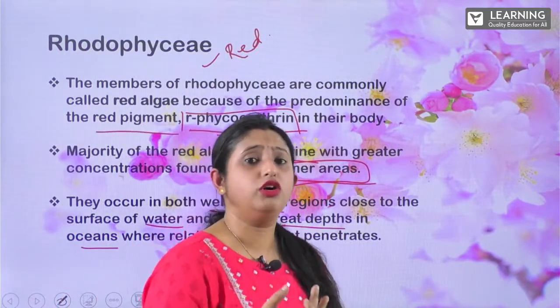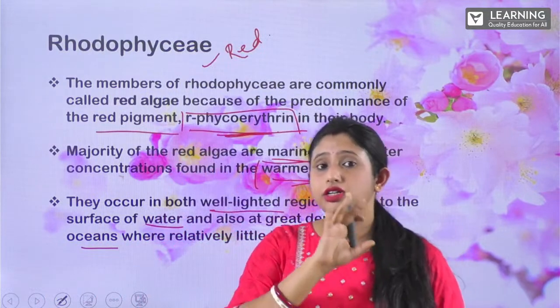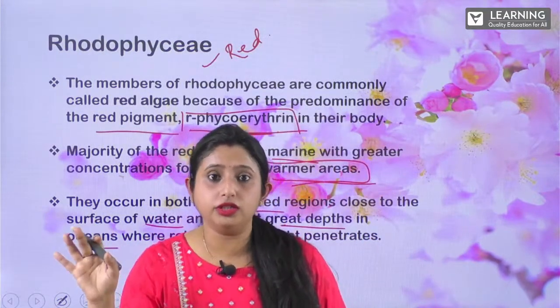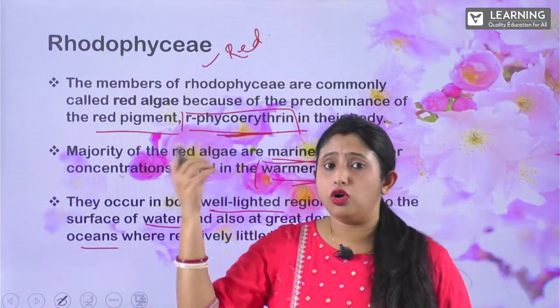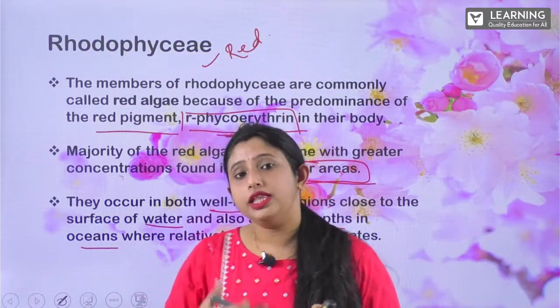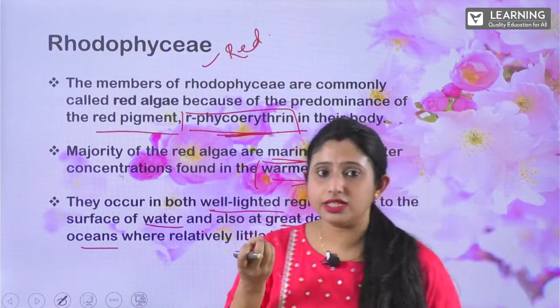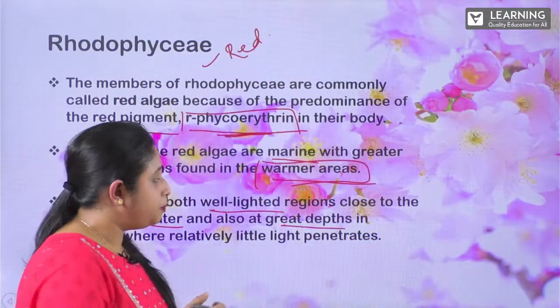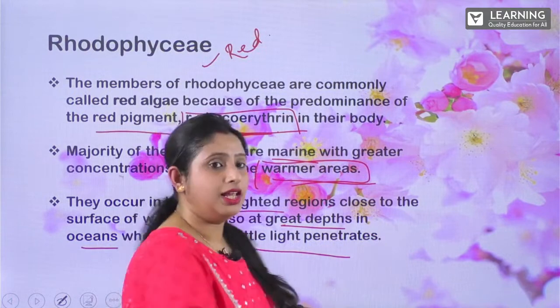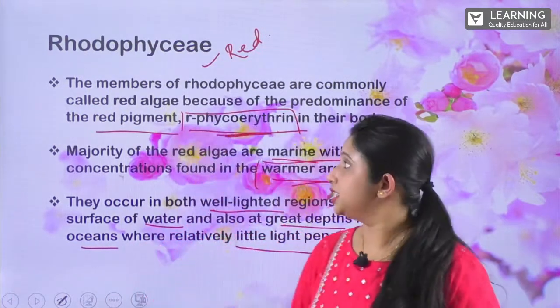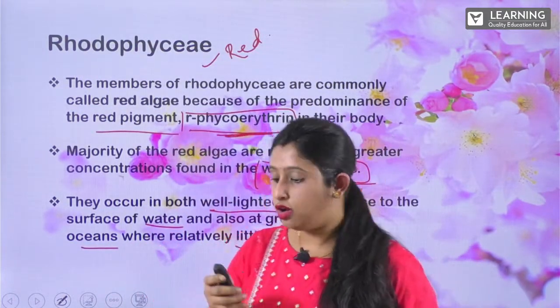So you will find them at the top of the ocean, and when you go deep into the ocean, they are also present. Is that clear? So this is about Rhodophyceae.